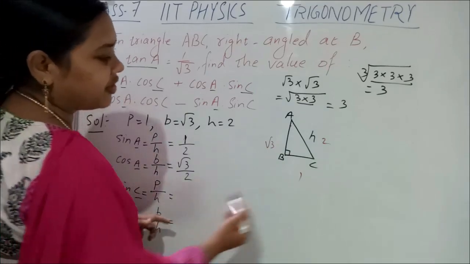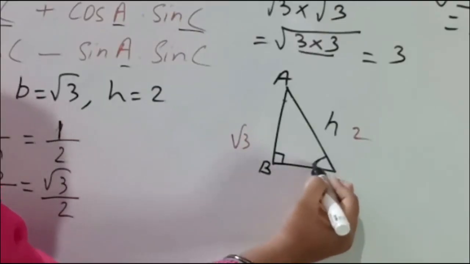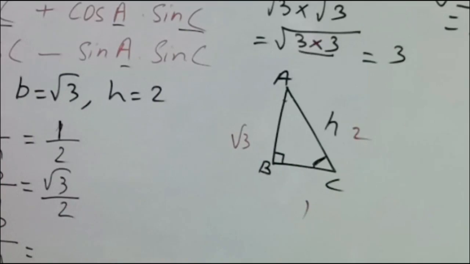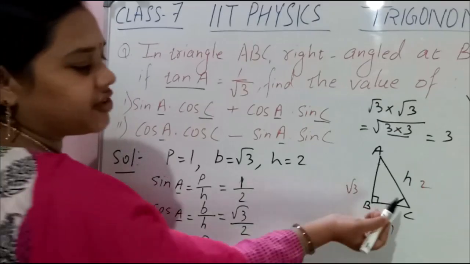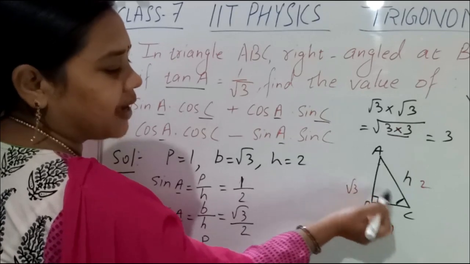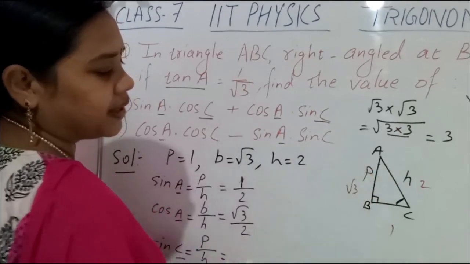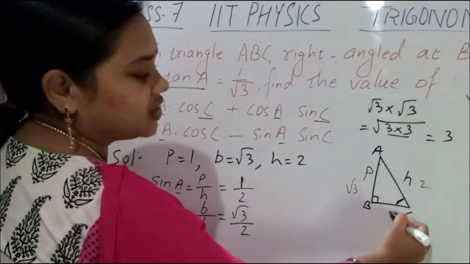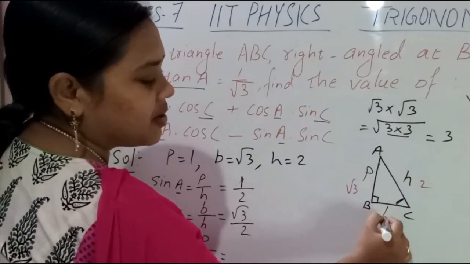Now the angle of reference is angle C. We know that the side opposite to the angle of reference is the perpendicular, and the side adjacent to the angle of reference is the base.